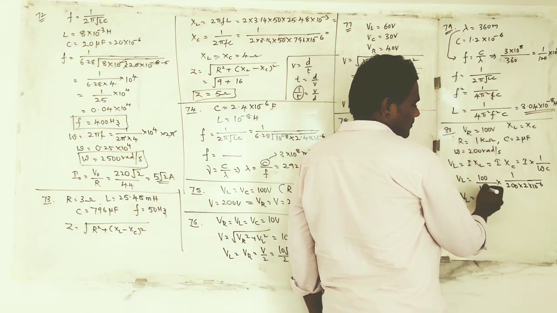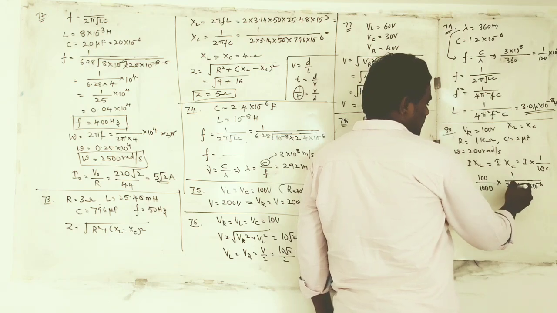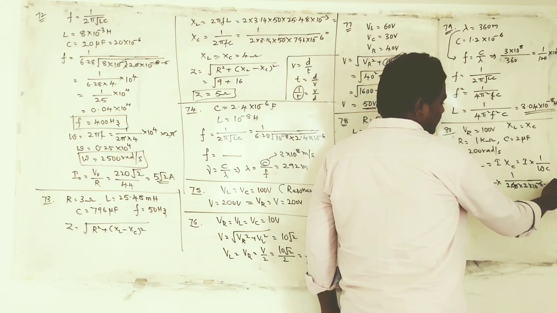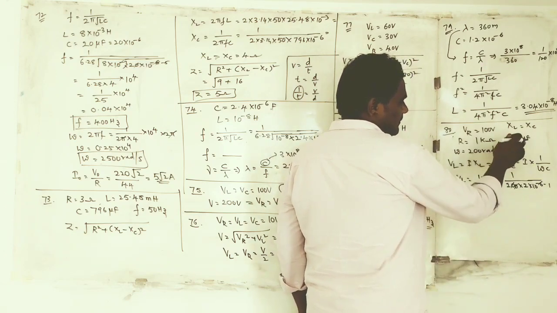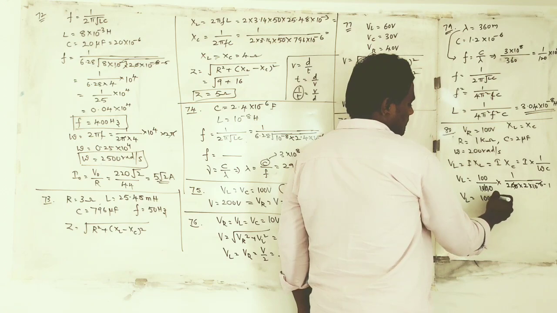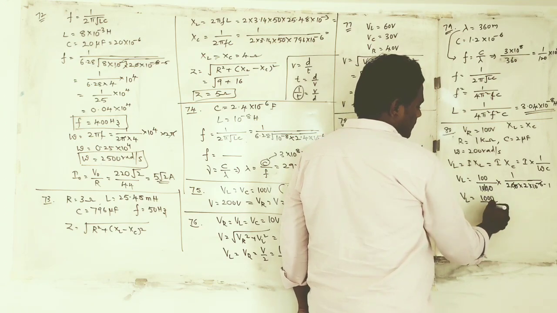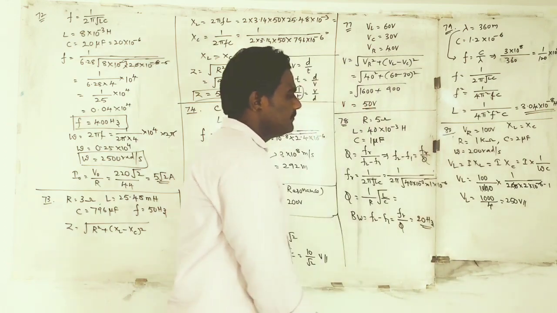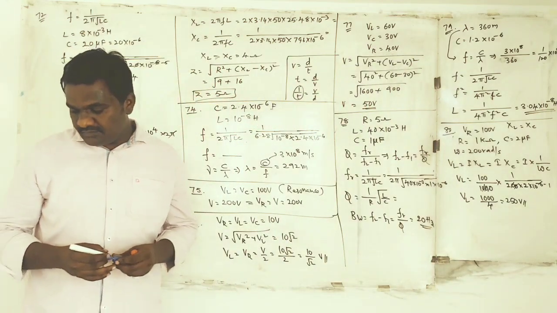If you have a doubt, see here: 1, 2, 3, 4, 5, so you will get minus 1. That minus 1 goes to the numerator, you get 10 power 1. 10 power 1 into 100 is 1000. By 2 twos are 4, you will get 250 volts. Like that you can solve.